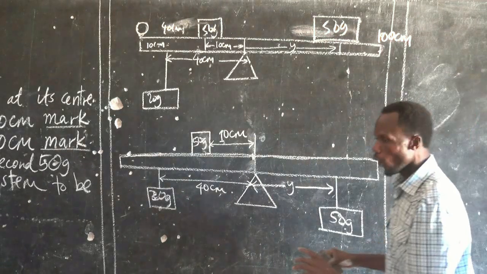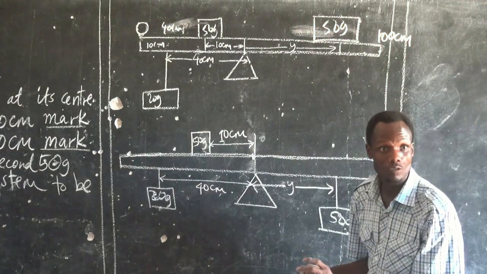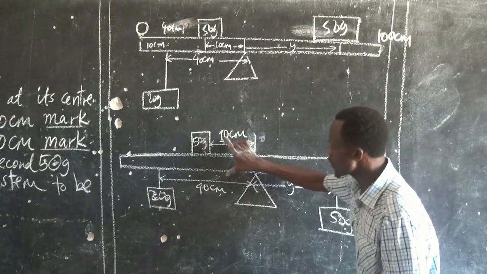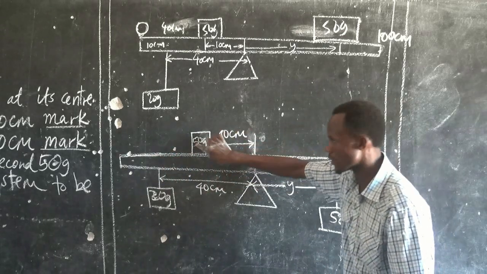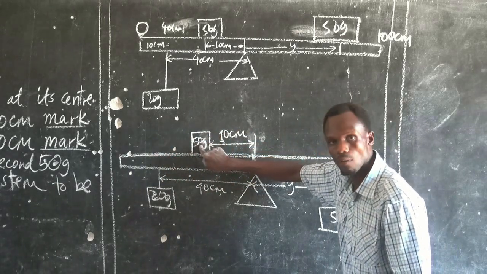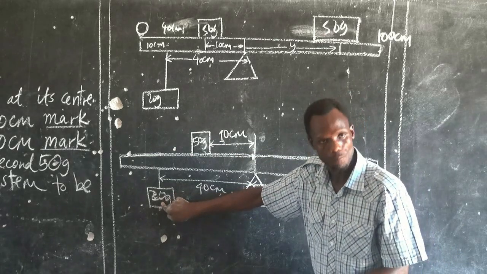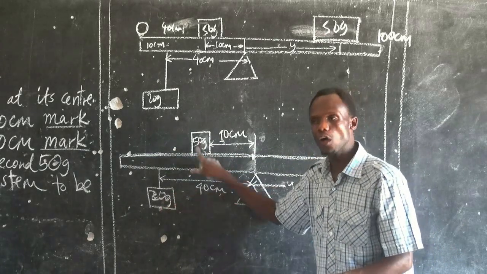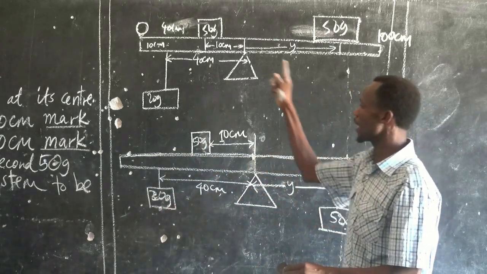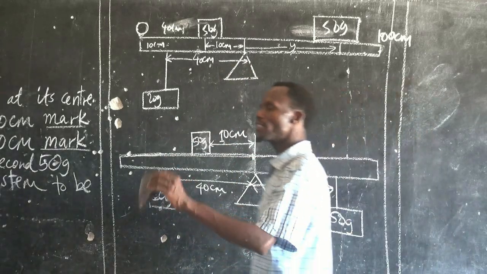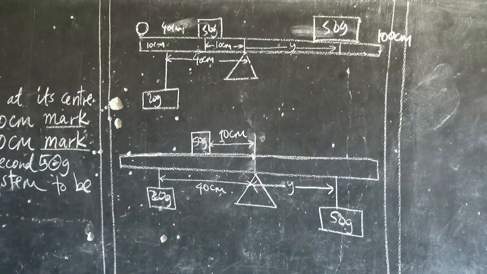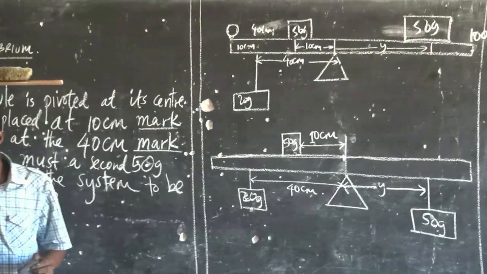We have something called clockwise and anti-clockwise moments. These are forces. The force due to 50 grams and the force due to 20 grams. These are forces. This force will cause an object to rotate in this way. Now you can see here. These forces will cause an object to rotate in this way.